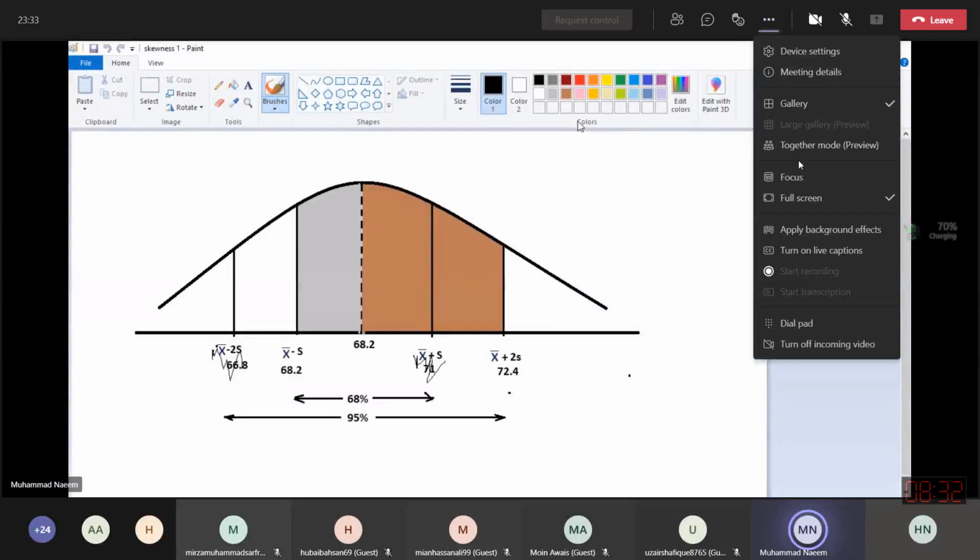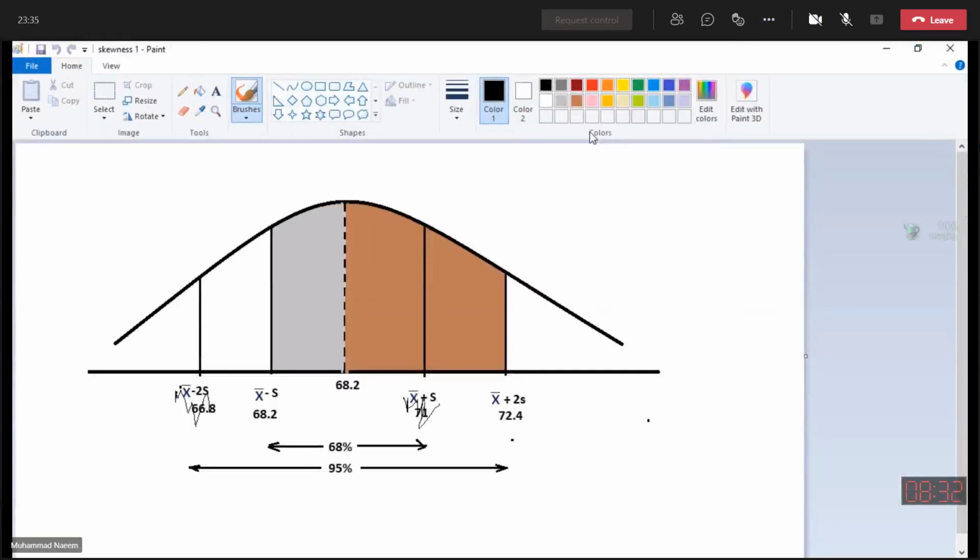For k equal to 1, we have this interval from x bar minus s to x bar plus s.